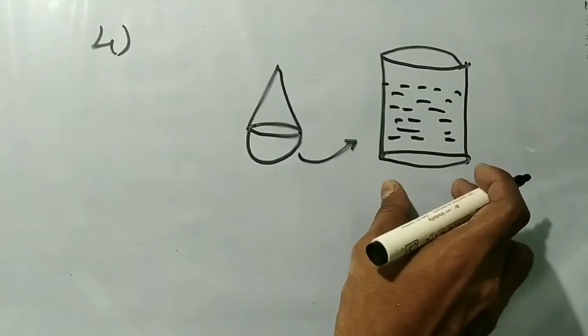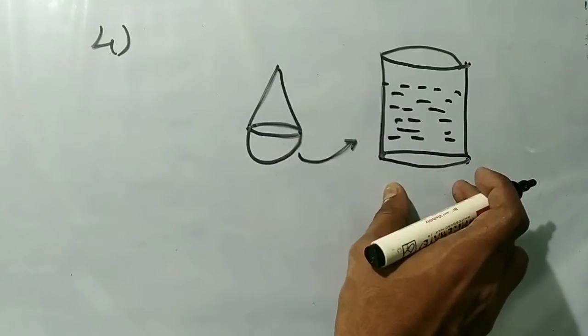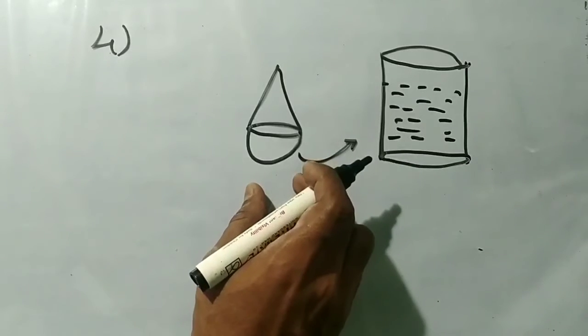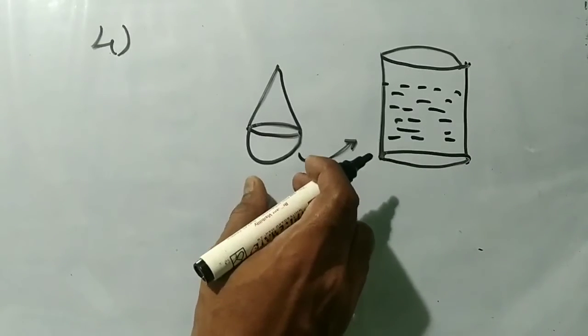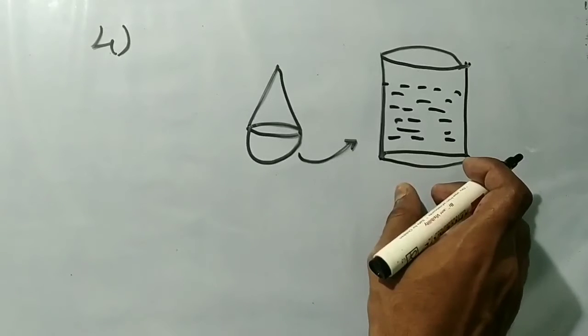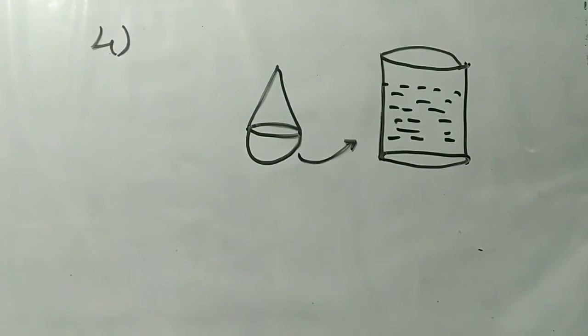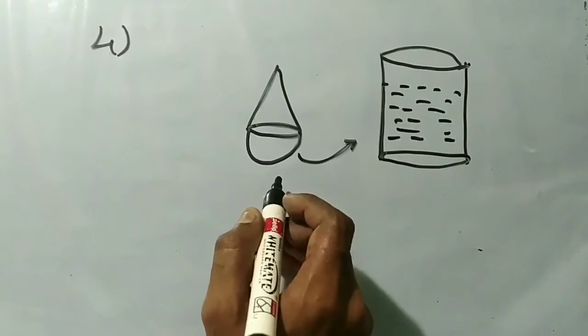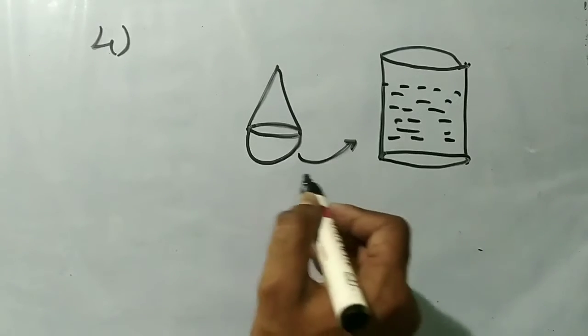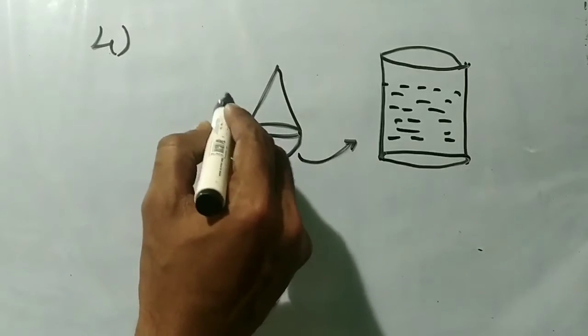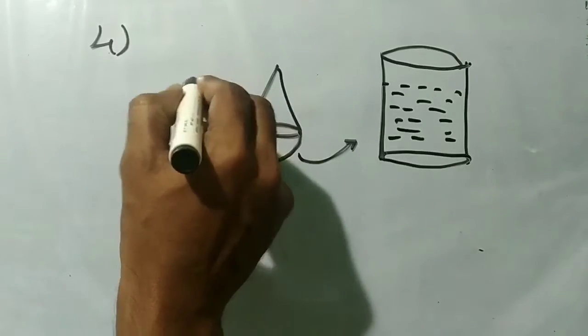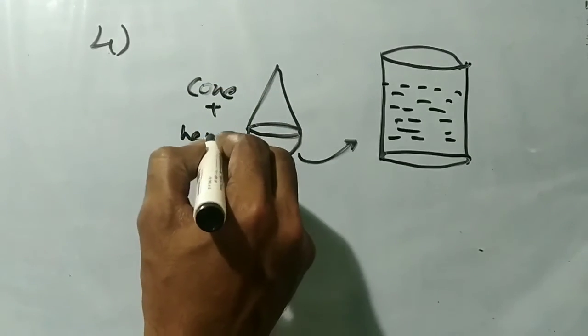So the water left in the tub after immersing this toy, that is the right circular cone on a hemisphere, we have to find it. Indirectly, here is a tub, and we have to add the volumes of the cone plus hemisphere.